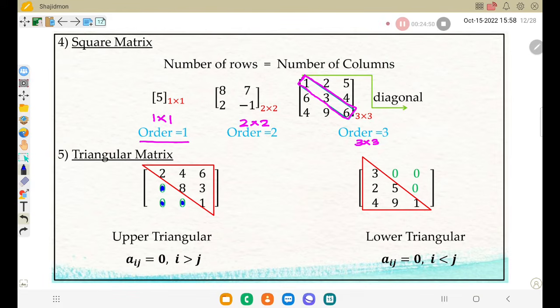And if the other three numbers are 0, we are calling that matrix a lower triangular matrix. So keep in mind upper triangular and lower triangular. Upper triangular means the 3 numbers below the diagonal are 0. Lower triangular means the 3 numbers above the diagonal are 0.